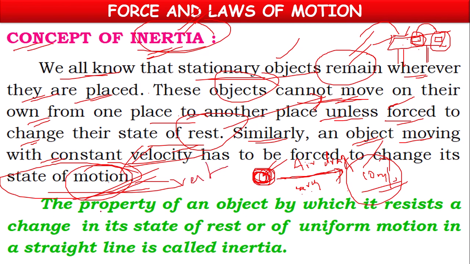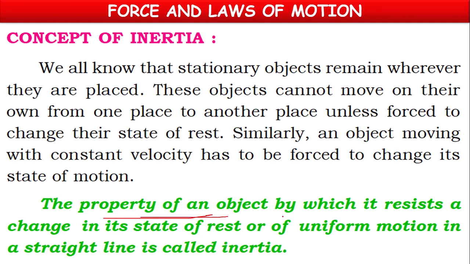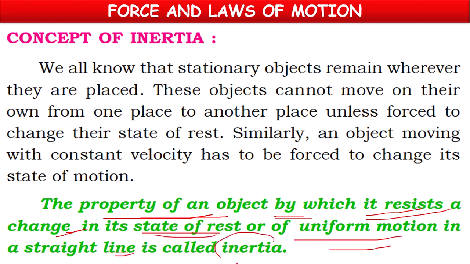So the property of an object by which it resists a change in its state of rest or state of uniform motion in a straight line is called inertia. It means it tries to stay in the same state of rest or the same state of motion. That property is called inertia.